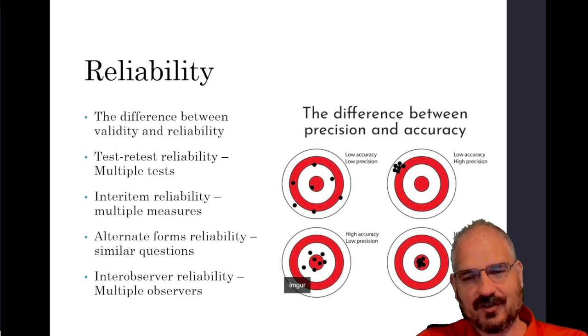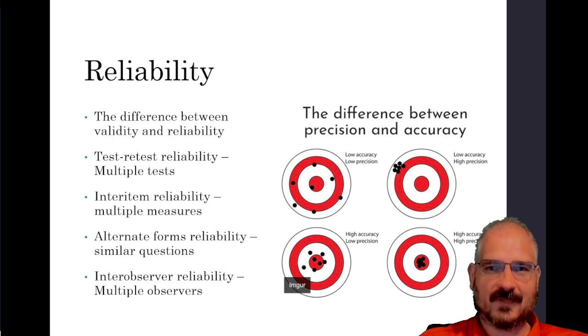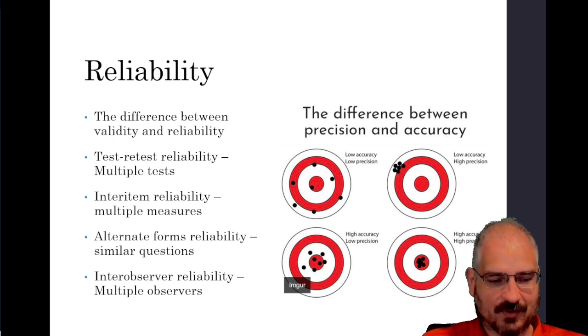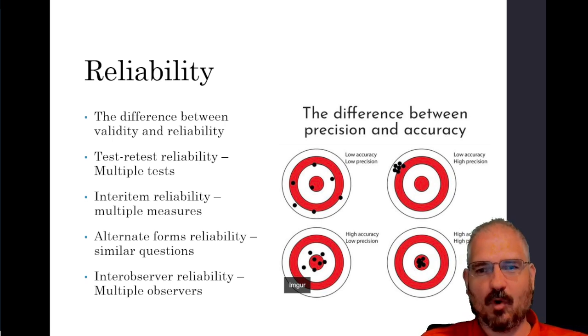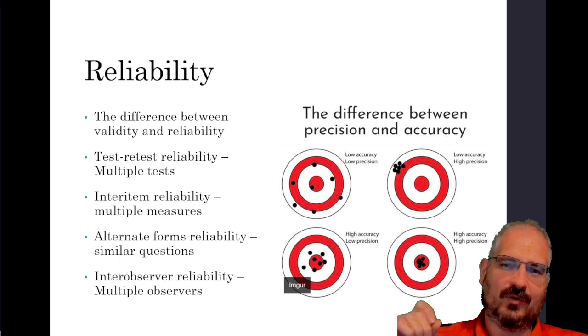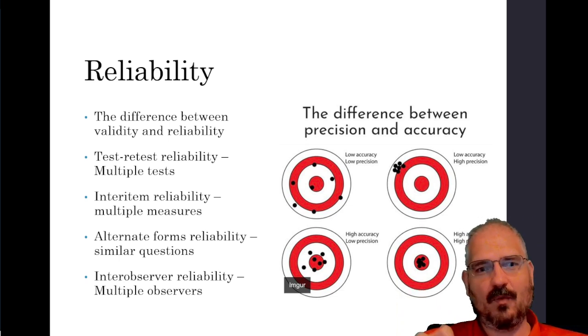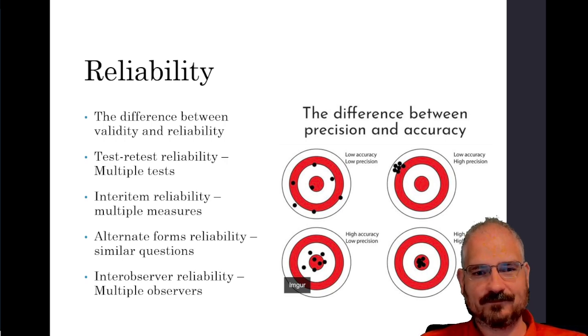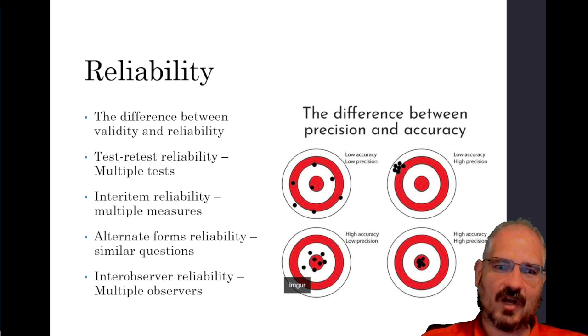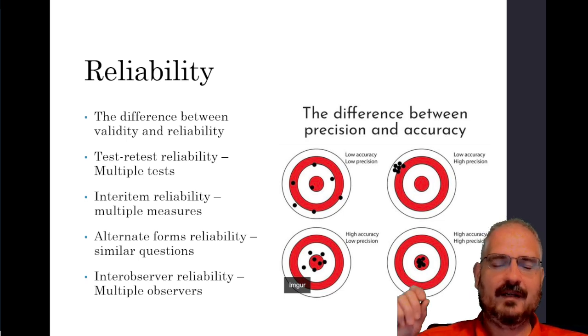Validity is essentially the same as accuracy in this example, whereas reliability is more about the precision. Not necessarily how well we are doing against reality, but how well what we're doing compares to the other things we're doing. And there are multiple different ways to talk about reliability.